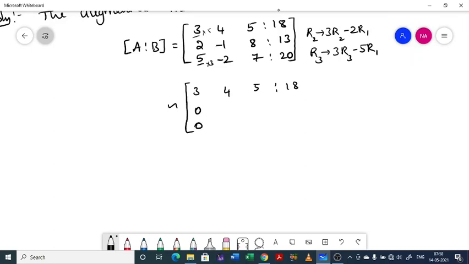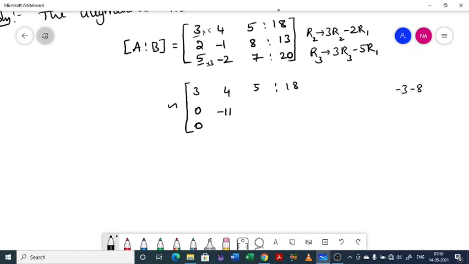Minus 1 into 3, minus 3 minus 8, that will be minus 11.